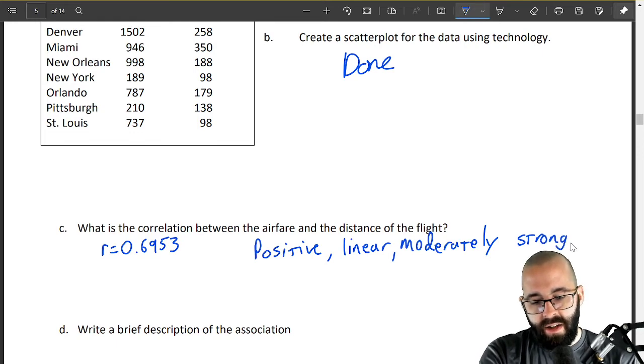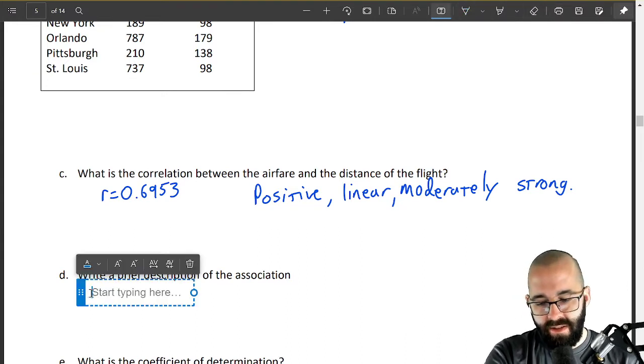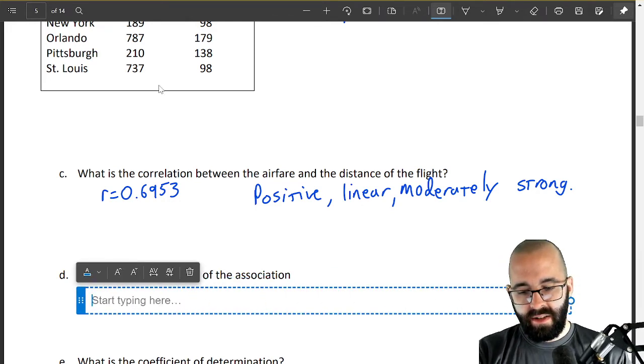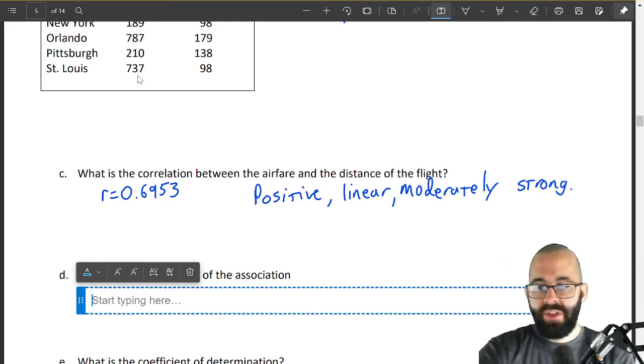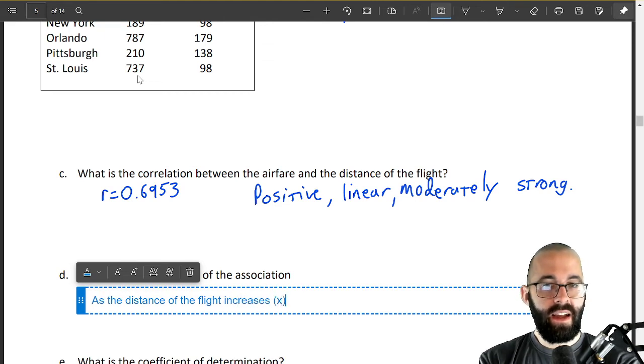All right. Again, how can we describe that in words? As x increases, what is x? X is our explanatory variable, the distance. As the distance of the flight increases, that's x, the y value will also increase. That's what positive means.